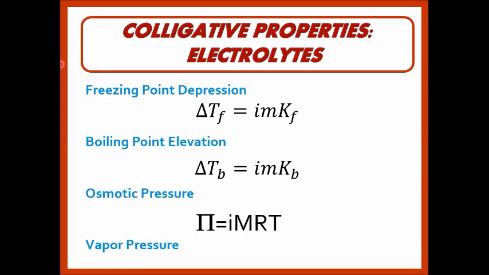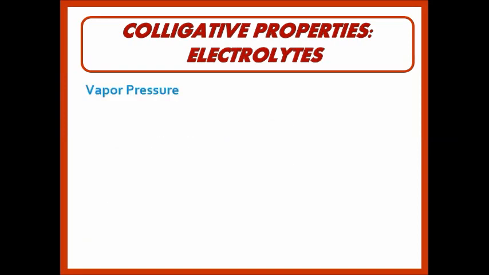And finally, to calculate vapor pressure of a solution with an electrolyte solute, the vapor pressure of the solution is equivalent to the mole fraction of the solvent in solution times the vapor pressure of the pure solvent. However, the Van't Hoff factor plays a role when calculating the mole fraction of the solvent in the solution.